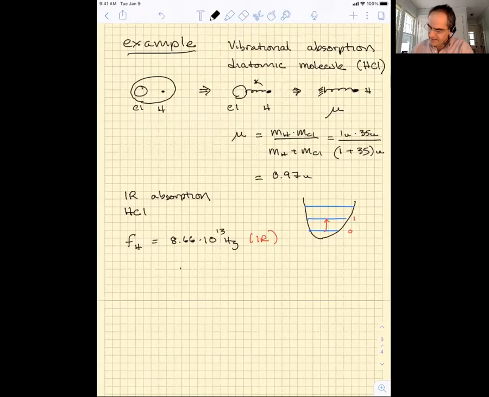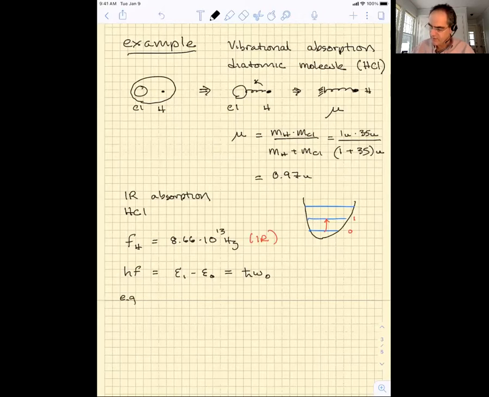The energy of that transition is just the energy difference between the n equals 1 state and the n equals 0 state. And as we've already discussed, this difference is just h bar omega naught. So since we can measure this frequency, we can determine everything we need to know.